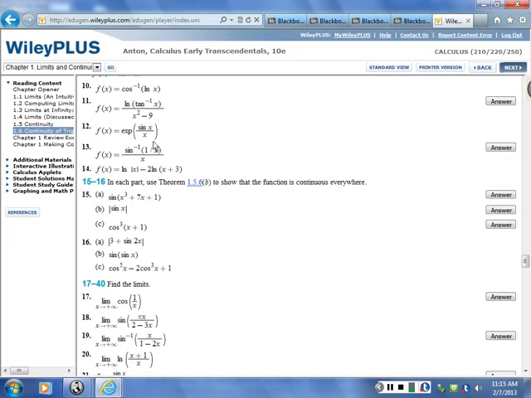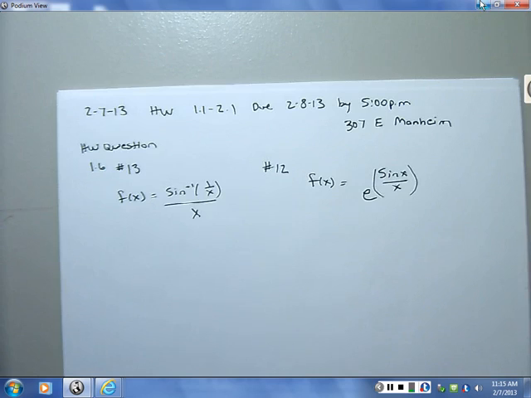Number 12, the exponential. Okay, so number 12, we have f of x equals e to the sine of x over x. And we want to know when this is continuous.